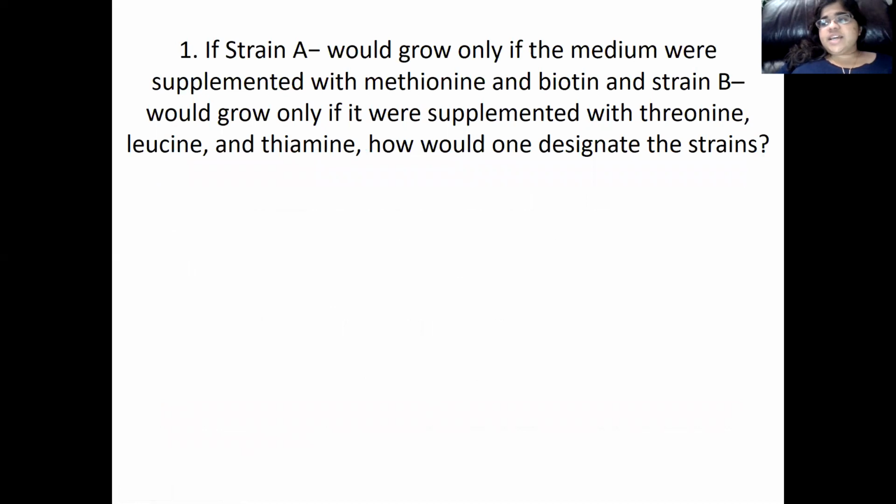So just to get a hang of it, here's an example. If strain A would only grow if the medium were supplemented with methionine and biotin, and strain B would only grow if it were supplemented with threonine, leucine, and thymine, how would one designate these strains?